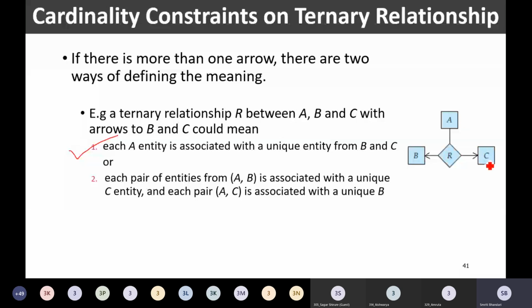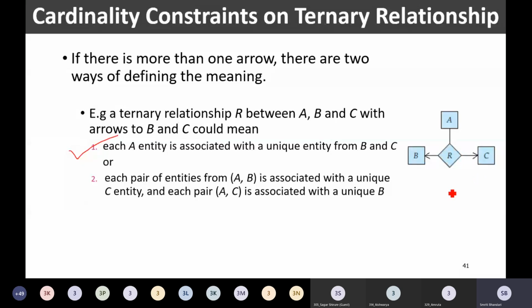So we are having various meanings for how to interpret this ternary relationship set R if we are having more than one arrow directed to different entity sets.